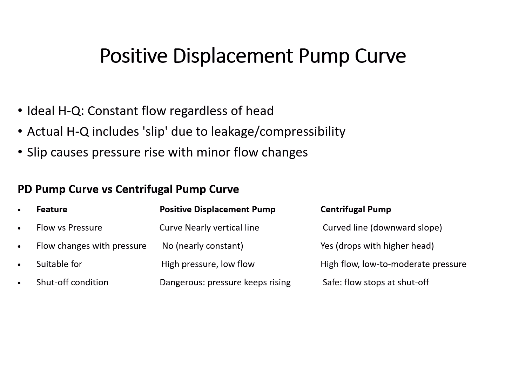In the positive displacement pump, one example is a piston and cylinder. You push your fluid with the piston, so it will create high pressure.